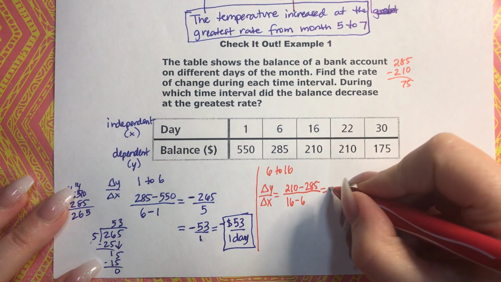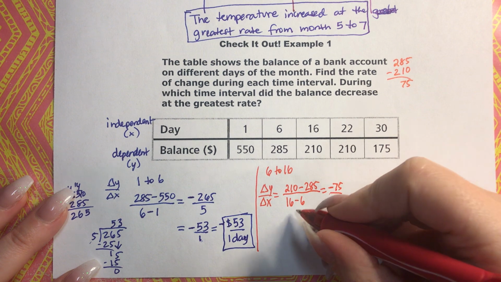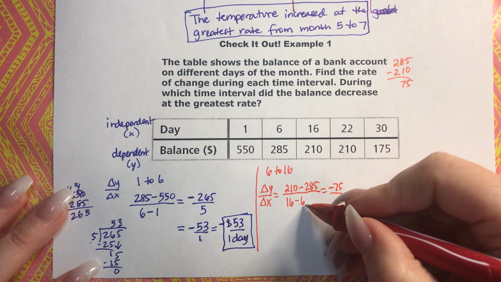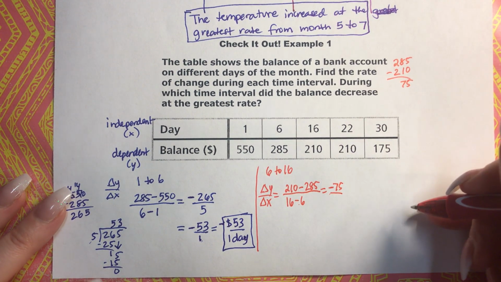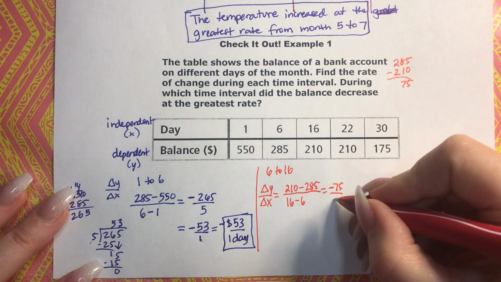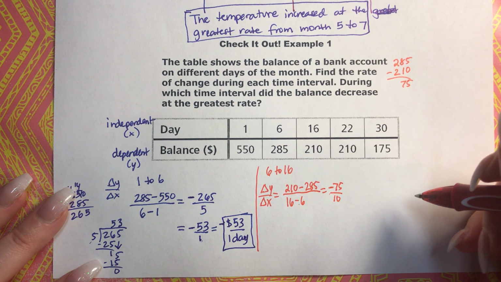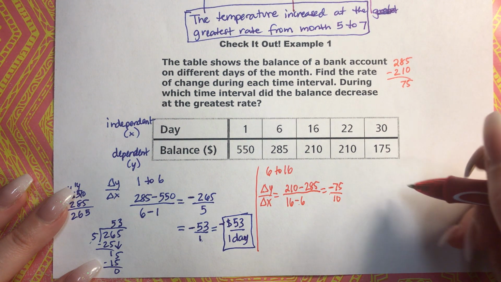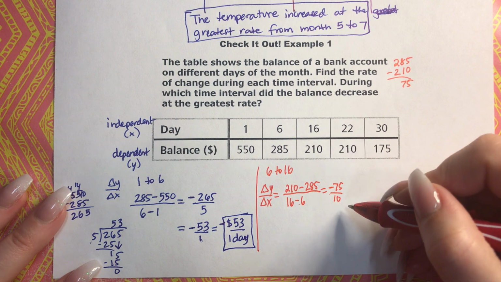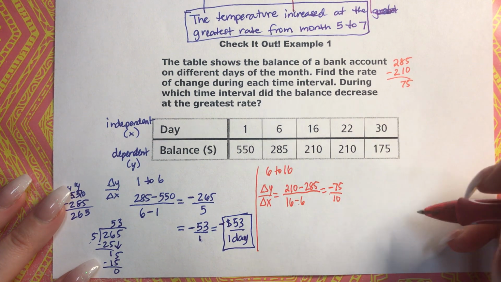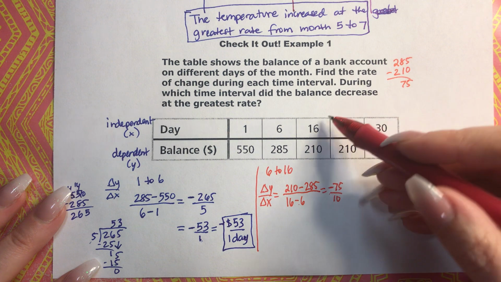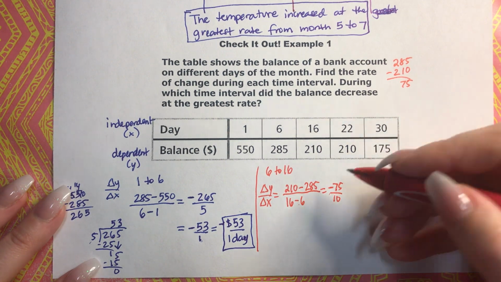So it's going to be negative 75. 16 minus 6 is 10, right? Okay. Then since we're talking about money, I always say leave it in fractions, but money is actually written in decimals.